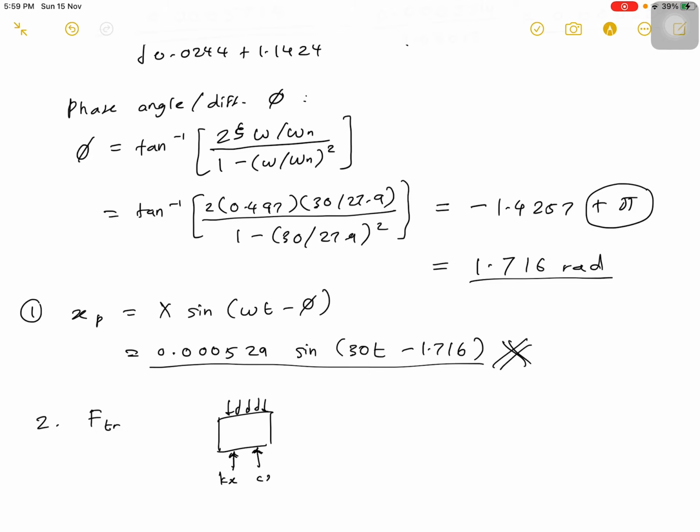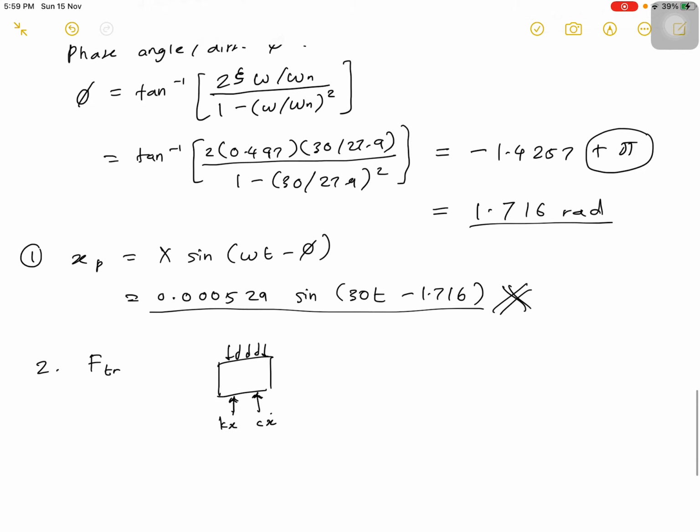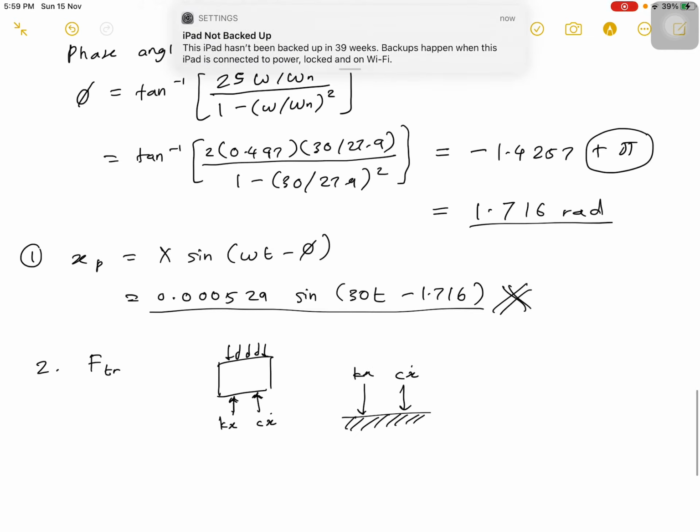This is kx and this is cx dot from the spring and the dashpot, and therefore we know that the force to the base is similar in different direction, kx and cx dot. Alright?